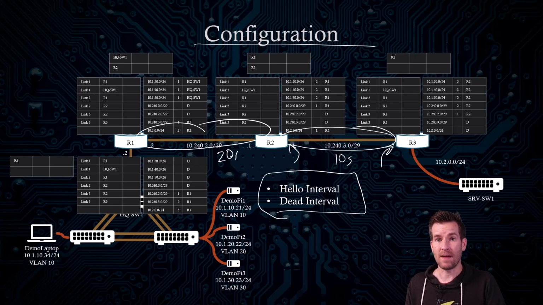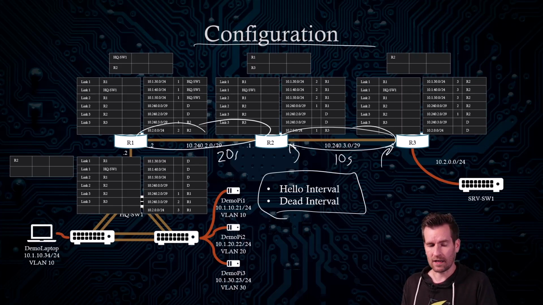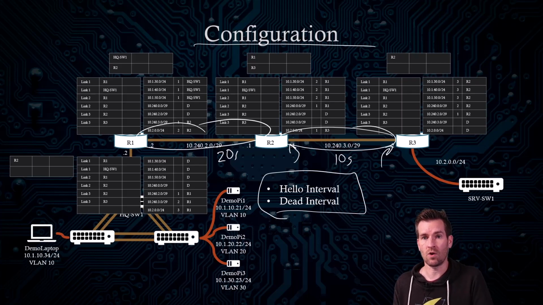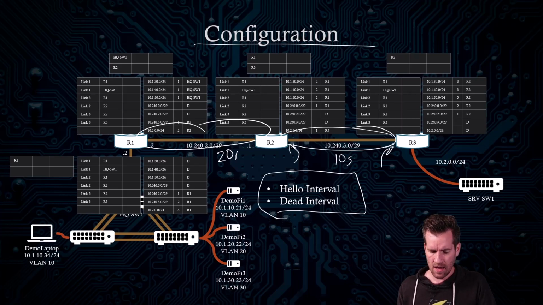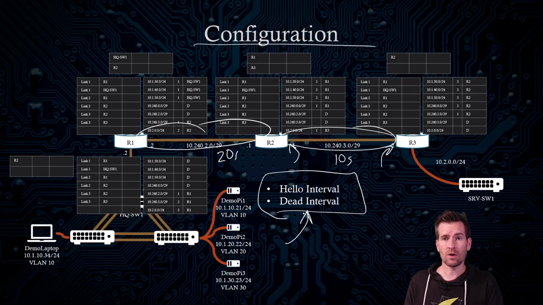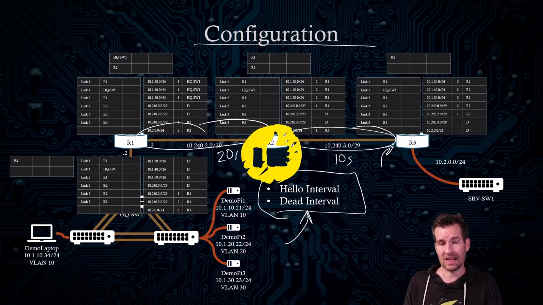Maybe the bandwidth is not as large, and so we want to conserve some bandwidth, or perhaps this link right here is a very stable link and we're not concerned with it going down as much, or there might be some other reasons why we'd want to change this. So in our next video, we're going to get into how we can change the hello and dead intervals.